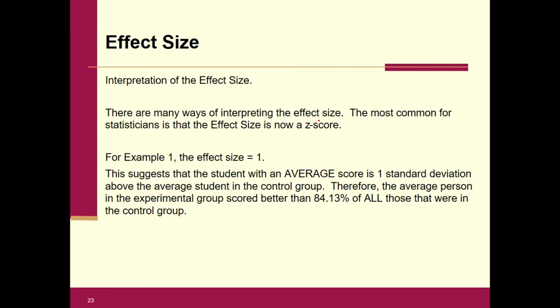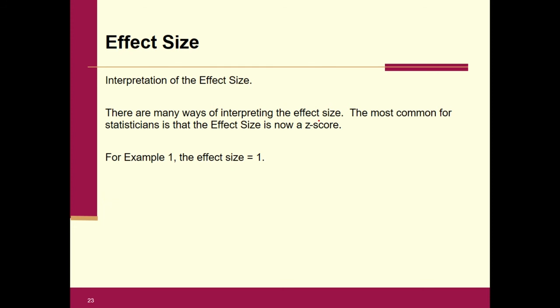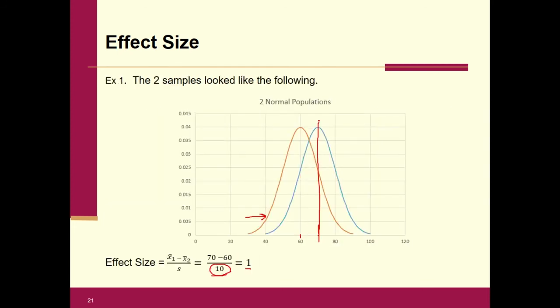Makes sense? Therefore, the average person in the experimental group scored better than 84.13% of all those that were in the control group. Wow. Let's look. If you were average in this group, notice how far over you are in the red, which is that second population there.